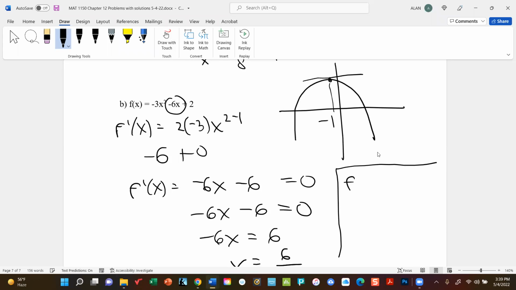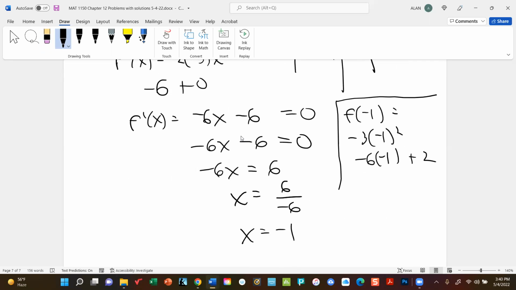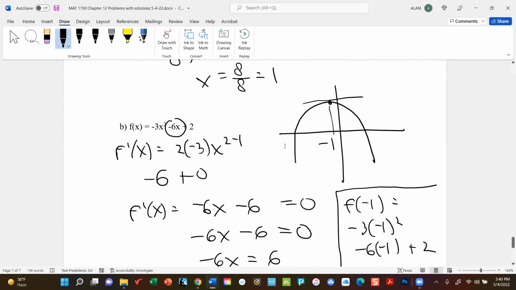So we have f of negative 1 is negative 3 times negative 1 squared, minus 6 times negative 1, plus 2, and that leaves us with, now negative 1 squared, of course, is just 1, so negative 3 plus 6 plus 2, and that gives me 5. So the point here is negative 1, comma 5.